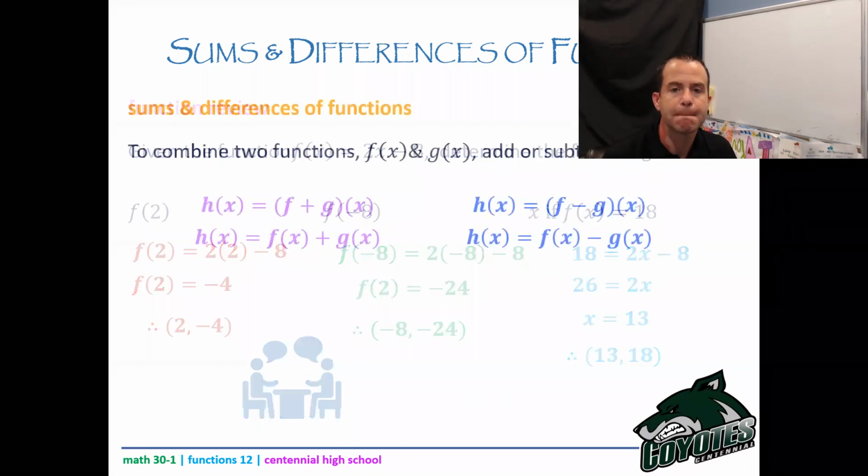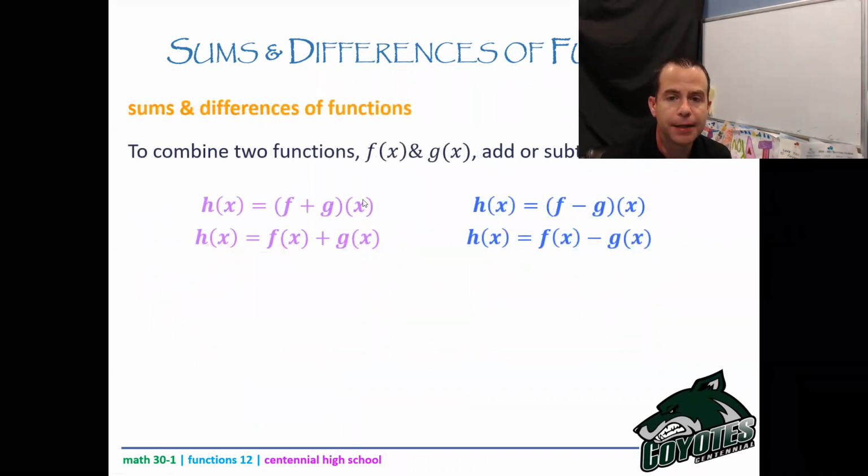All right, so I'm back in your book, and today we're going to look at combining two functions by adding or subtracting. There are two different ways to tell you to do that. I could do it the top way here. It says h of x equals f plus g of x. That means h of x equals f of x plus g of x.